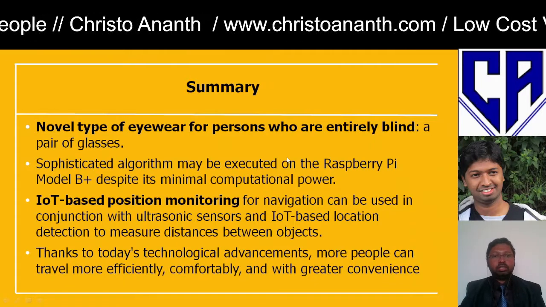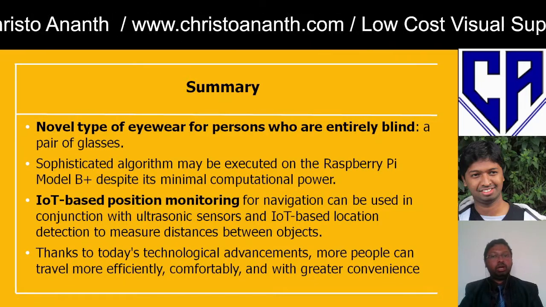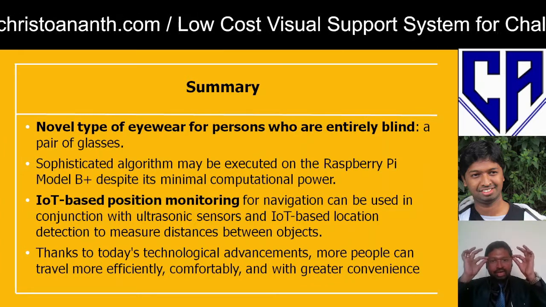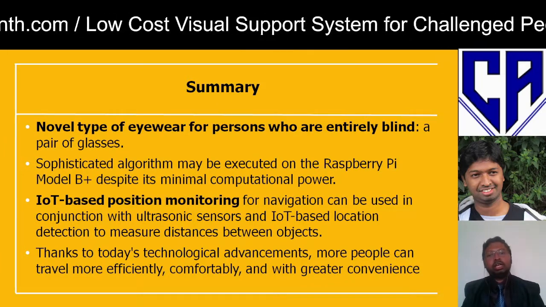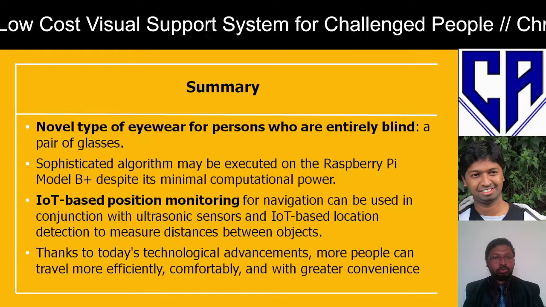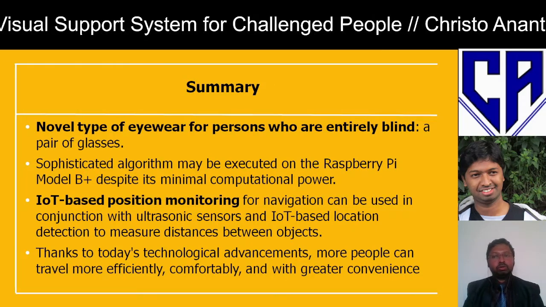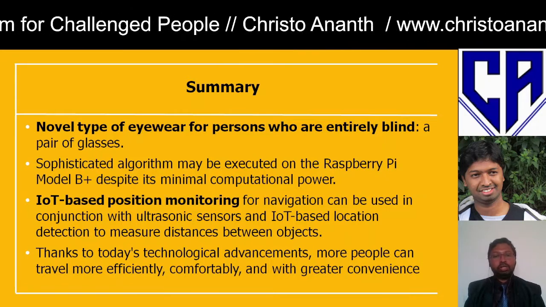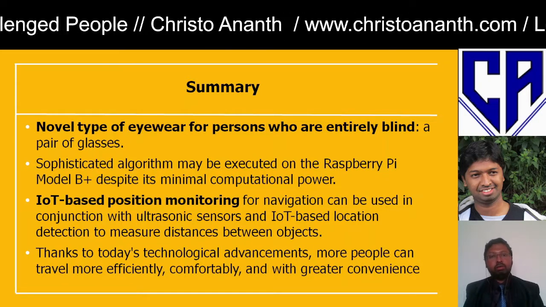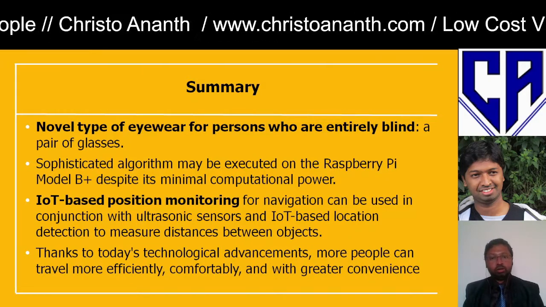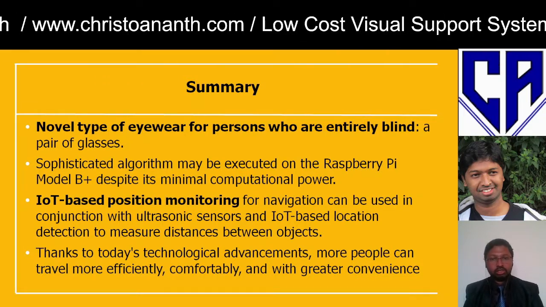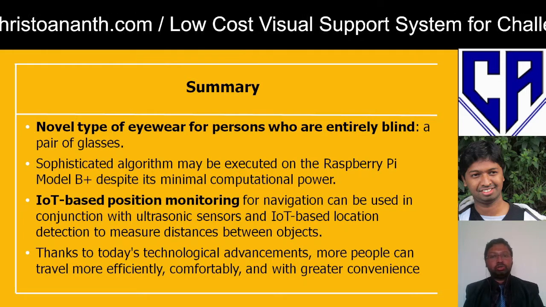So I can summarize that it's a novel type of eyewear for persons who are entirely blind. So it's now even a pair of glasses. It's a sophisticated algorithm that can be executed on a Raspberry Pi model B plus. So we are experiencing less computational power, and with the help of the IoT based position monitoring, it can be used with ultrasonic sensors and IoT based location detection in order to measure the distance between objects.